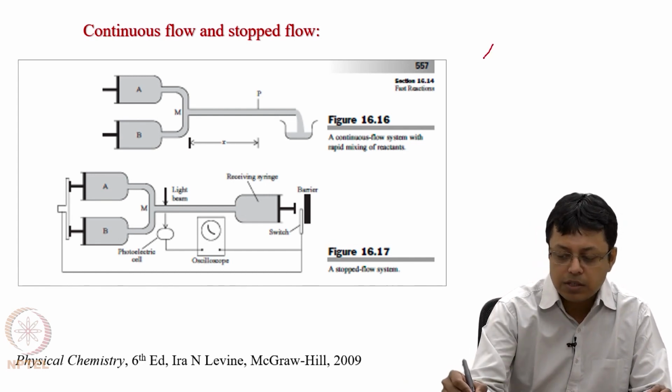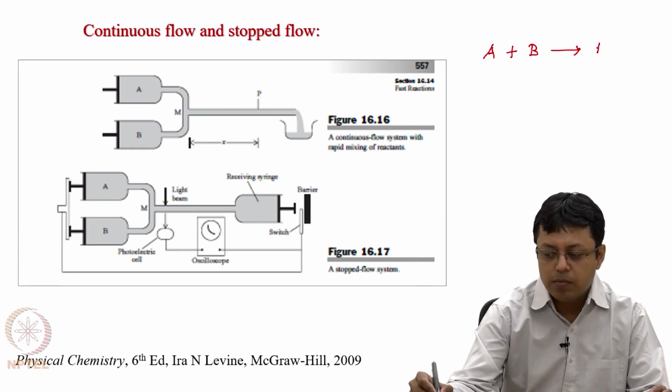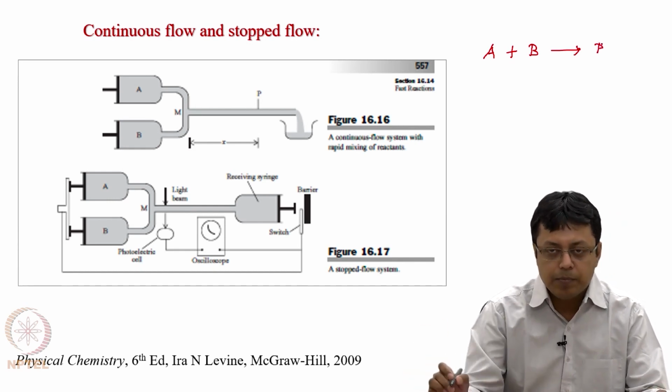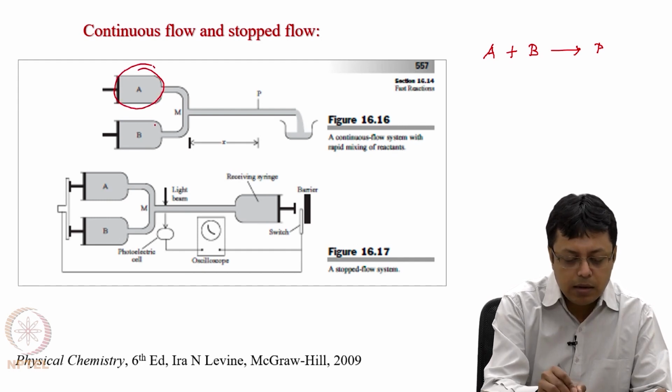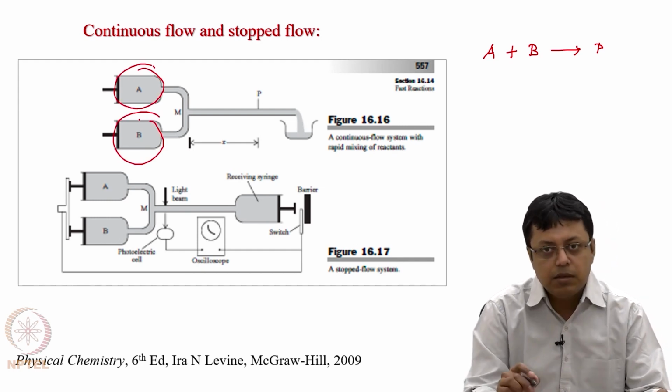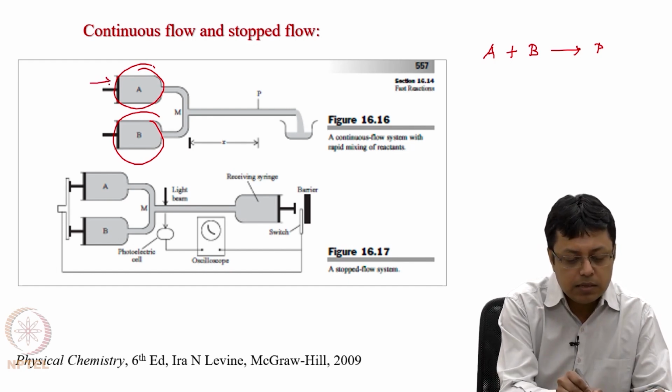Suppose I am doing a reaction where the reactants are A and B, and I want to mix them and some product is being formed, let's say product P. What is shown in the upper figure is that A and B are initially kept in a vessel, and then there is a syringe, as you can see here.